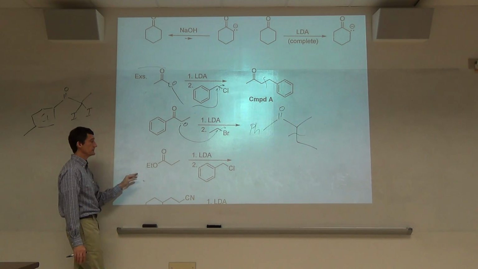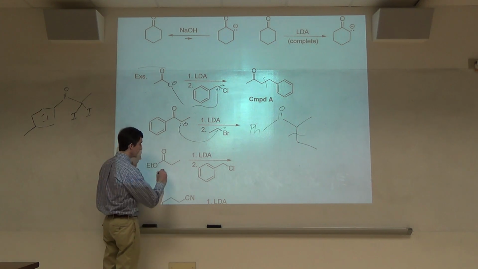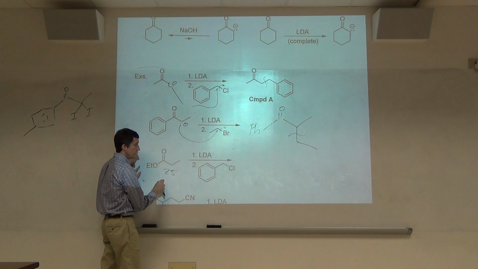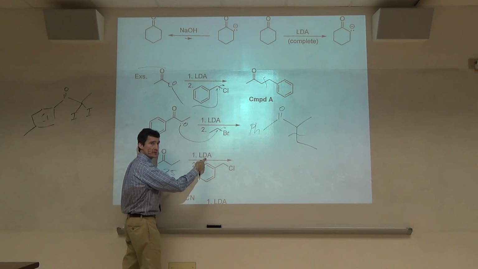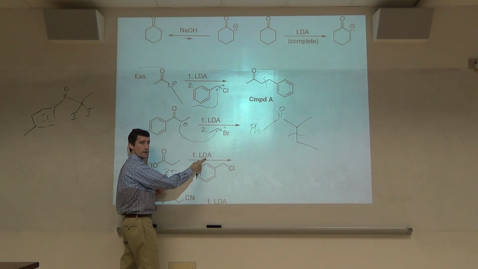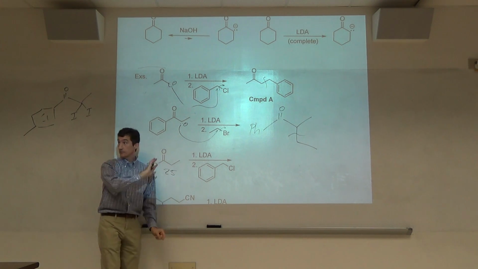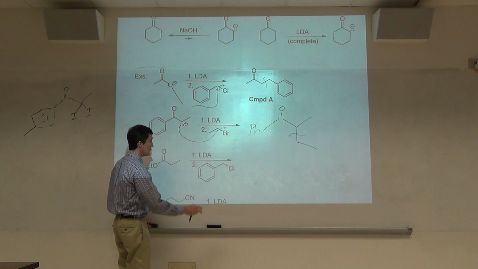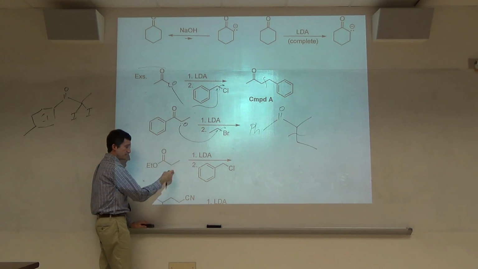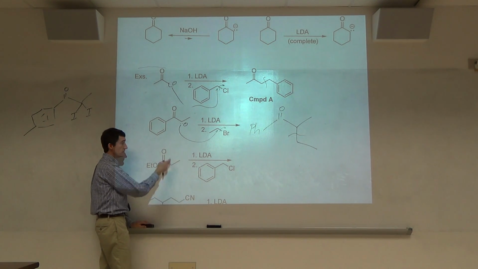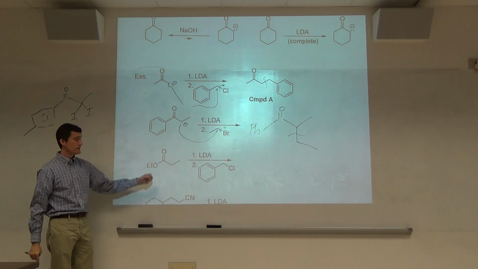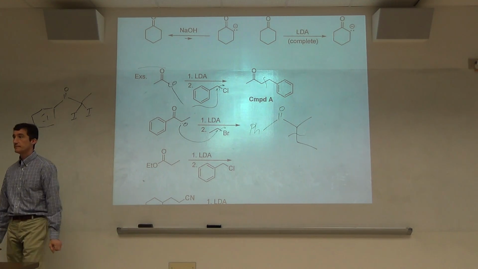That's a carboxylic acid. 25. Okay, we talked about why it's not as acidic as that. 25, LDA is 35, which is going to be favored, 25 or 35? 35. The LDA is still fully going to deprotonate it. LDA will fully deprotonate ketones, esters, and nitriles. These are 25. Okay? You guys on the left show the product of that one. You guys on the right show the product of this one.